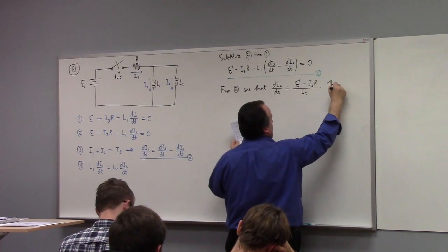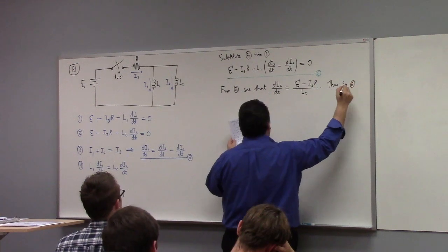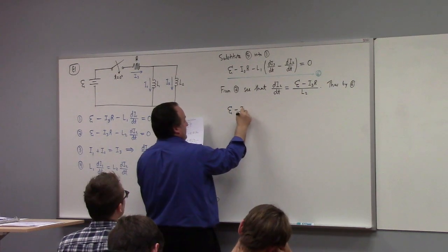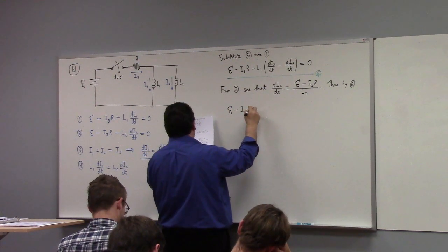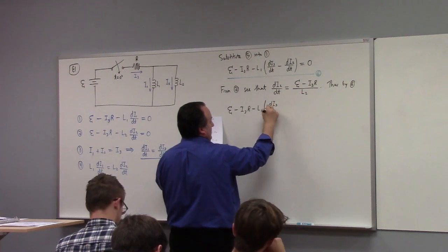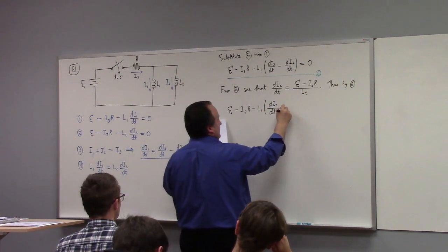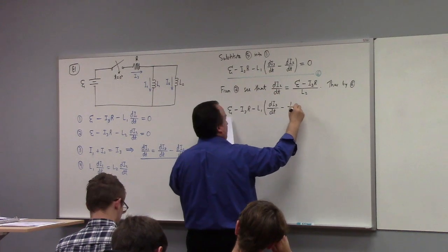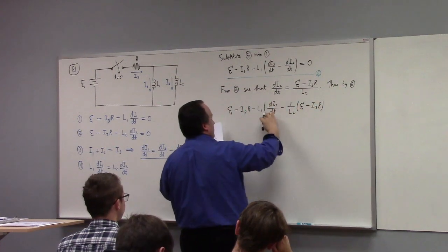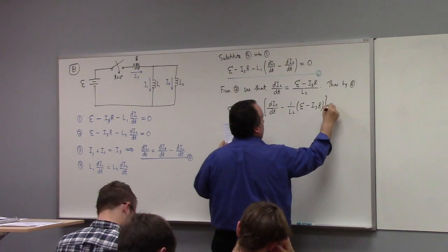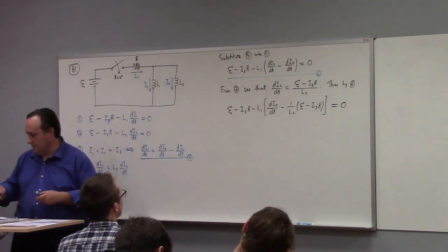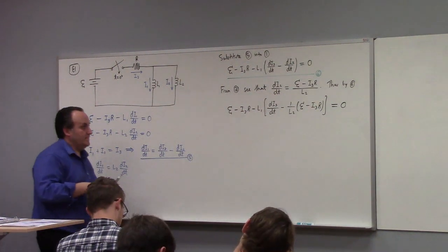Thus, by 6, we obtain that E minus I3R minus L1, some parentheses, we got ourselves a di3/dt minus 1 over L2, parentheses, E minus I3R. I'll close these bigger parentheses like that, equals 0. I'm going to call that equation 7.